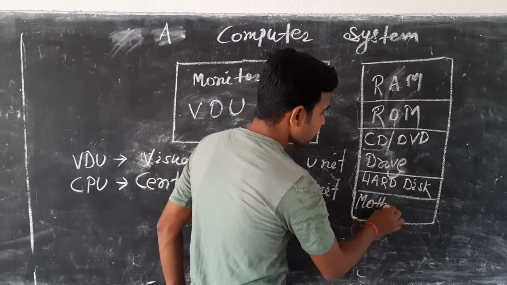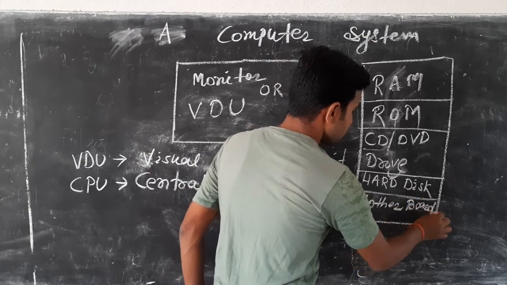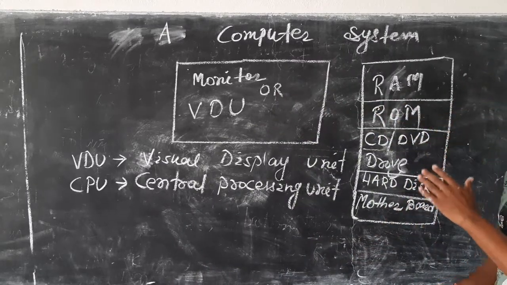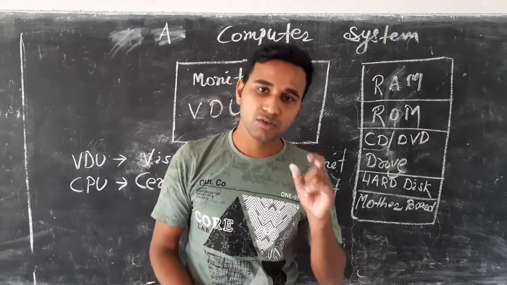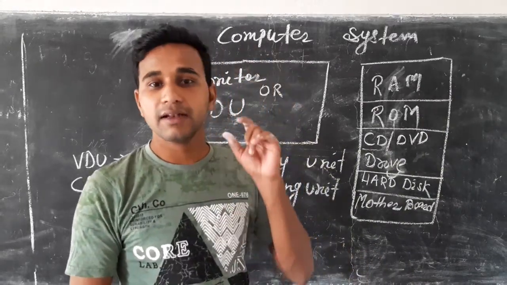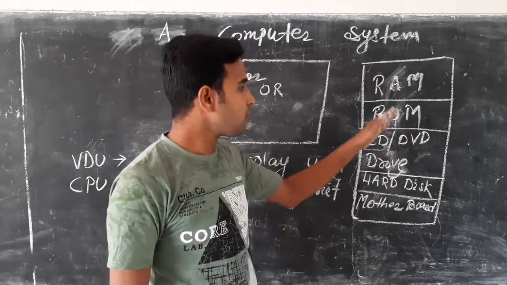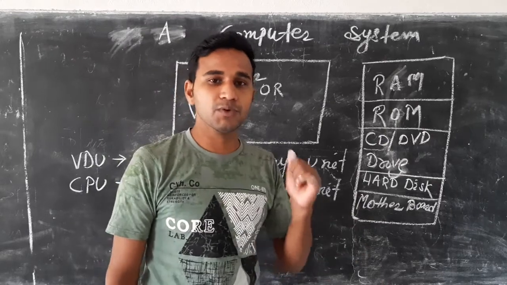It holds all the parts of the CPU. That means the CPU has RAM, ROM, CD and DVD drive, hard disk and motherboard. All these devices are available in the CPU.